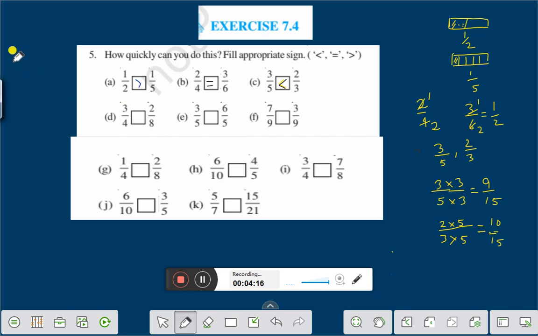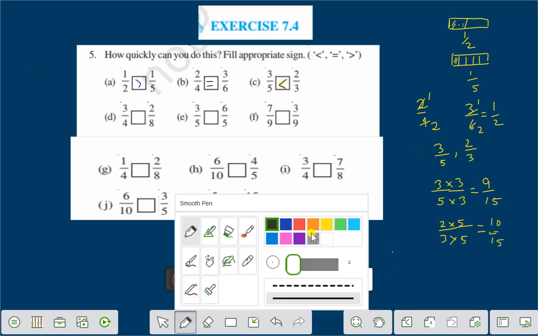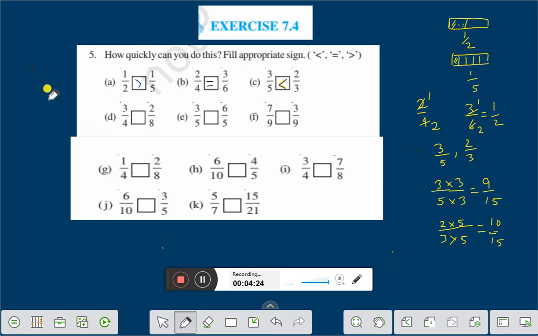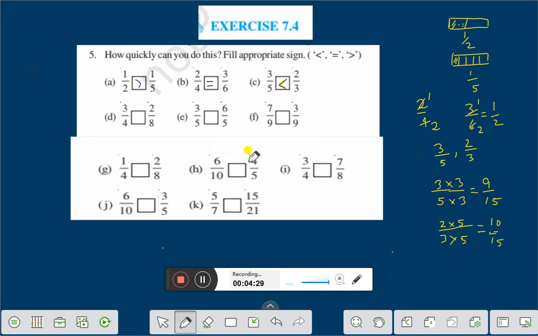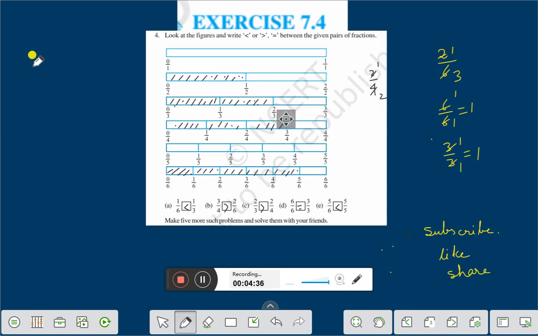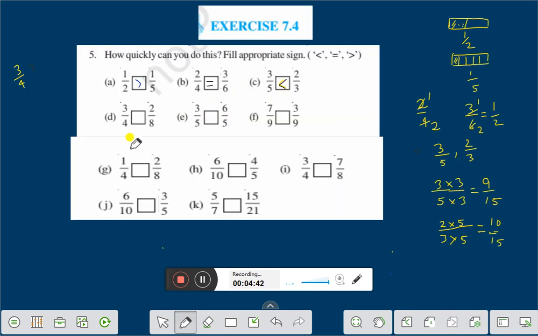One is 3 by 4, and the other is 2 by 8. The LCM of 4 and 8 is 8.